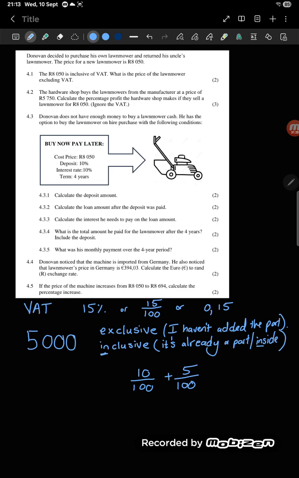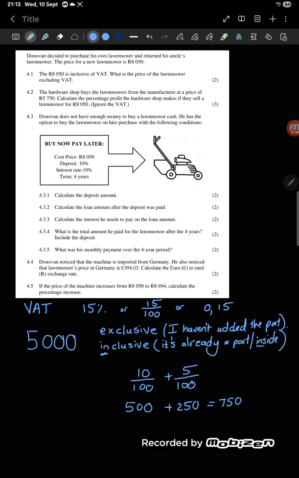So 10% of 5,000 would be 500, because I take the comma 1 back, I divide it by 10, because 1 over 10 is 10%. And there was half of 500. You've got it. 250. So 10 plus 5, or 15% of that, is going to be 750 Rand.